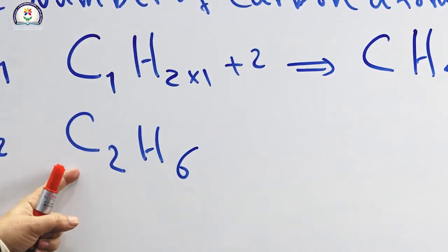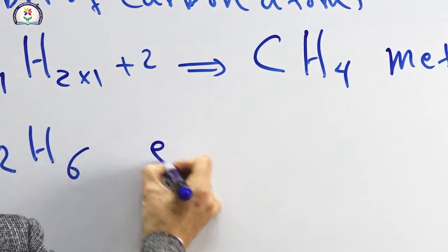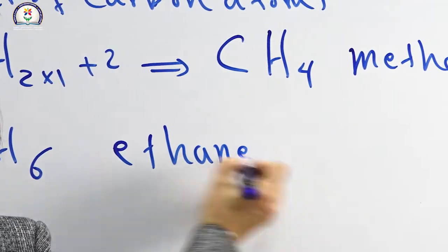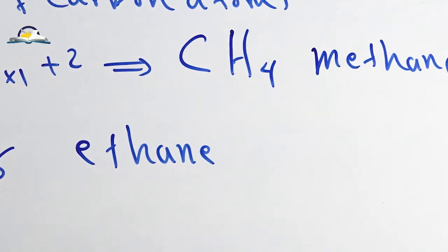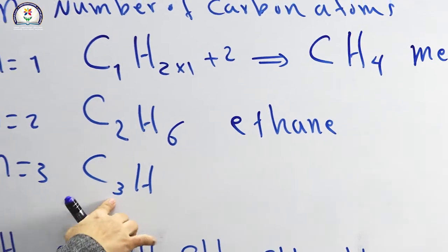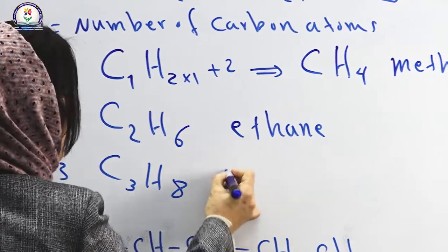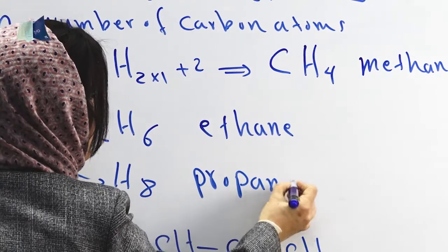If you have 2 carbon atoms, the compound is called ethane. If n equals 3, C3H, 3 times 2 is 6, plus 2 is 8, called propane.